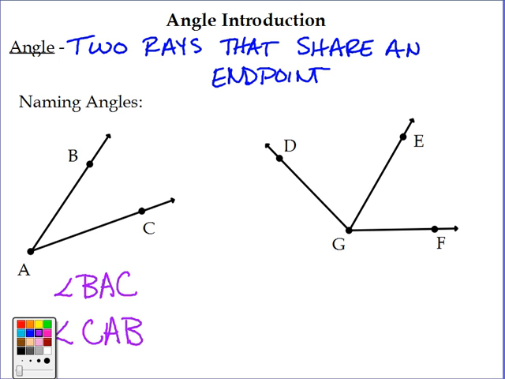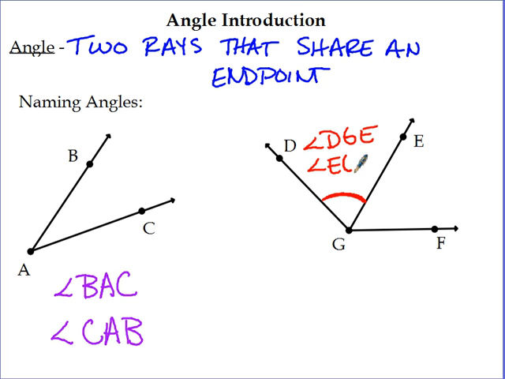So over here, if I wanted to name this angle, I could call it angle DGE, or I could call it angle EGD. Either of those would be fine. For this angle here, I could use EGF or FGE.